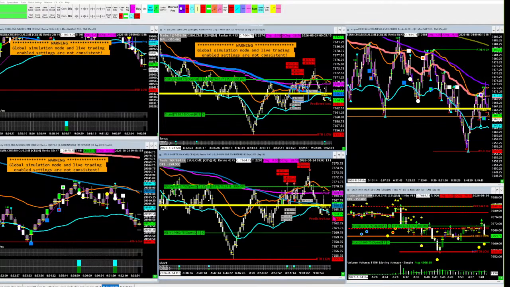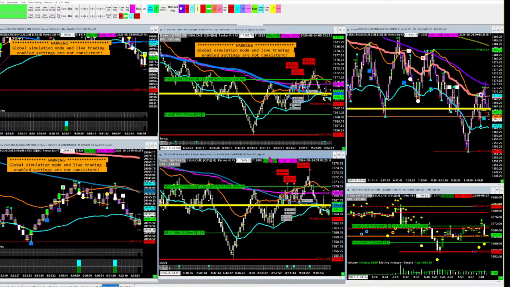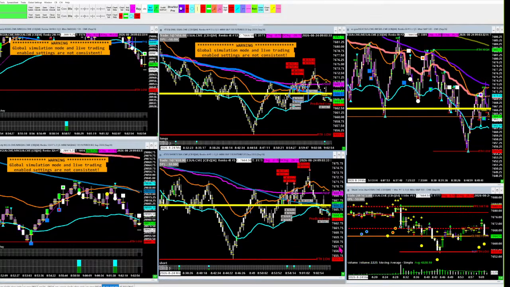And I obviously got paid on that. I don't know where my thumb is, but, and I don't know why I can't flatten this trade. Right click, flatten and cancel. There.